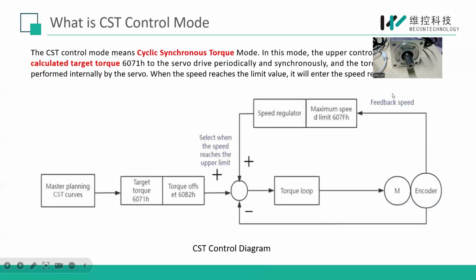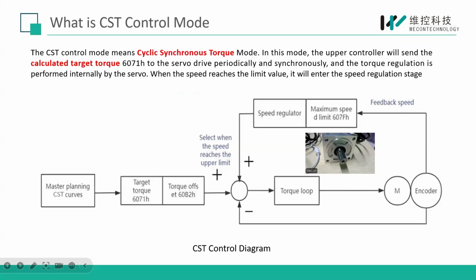Similar to CSV control mode, CST control is very similar. Just some object dictionary configuration is different, and the application of CST is also similar to our VD2 series torque control.